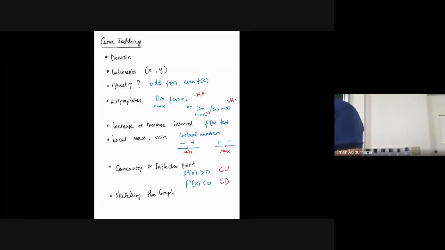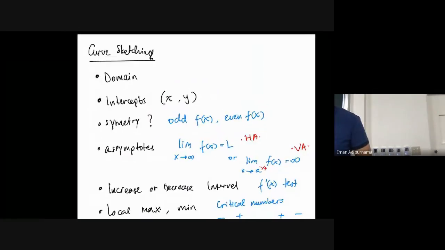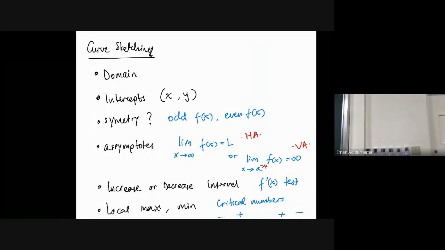This is a summary note for the whole chapter 4, aside from the mean value theorem. So this includes the extreme value theorem and the second derivative test. First, let me explain the first thing when you try to sketch any curve in calculus. Always remember the domain, the possibility of x.